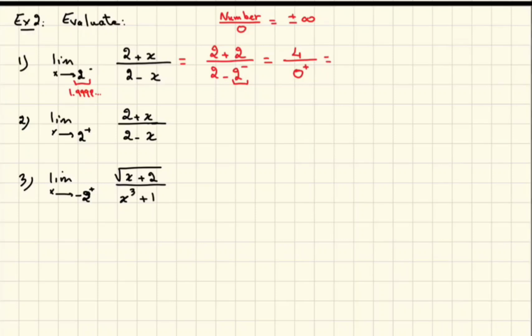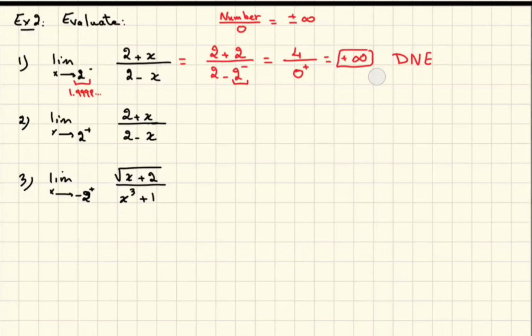Now in this case, 4 over 0 plus will give us infinity, and we need to check the sign of the infinity. Is it positive infinity or negative infinity? I check the number on top, it's positive, and 0 plus is positive, so our answer will be plus infinity. When I say plus infinity, it means the limit here does not exist, and later on we're gonna talk about vertical asymptotes.